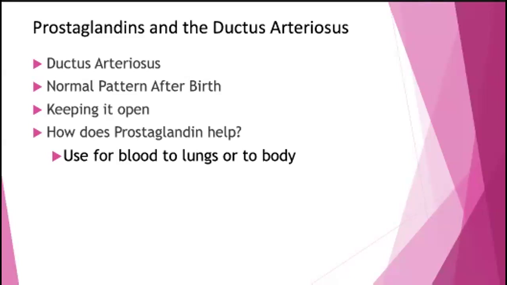So the ductus arteriosus becomes a backup road that lets the blood still get to where it needs to go. If it closes, a baby can go into shock or the child could die. So prostaglandin E1 is the medication that relaxes the ductus arteriosus muscle and helps it to stay open.